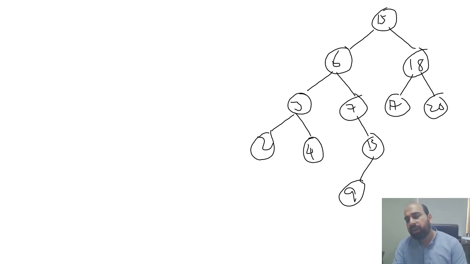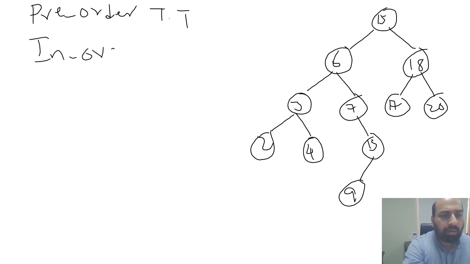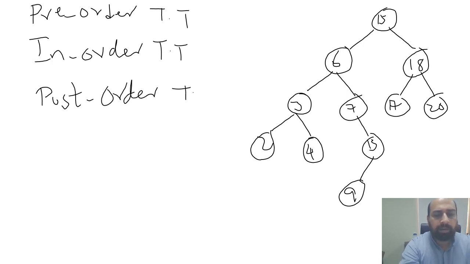We can perform different traversals on this binary search tree. For example, we have one, the pre-order tree traversal, another one is the in-order tree traversal, and finally we have the post-order tree traversal, right?